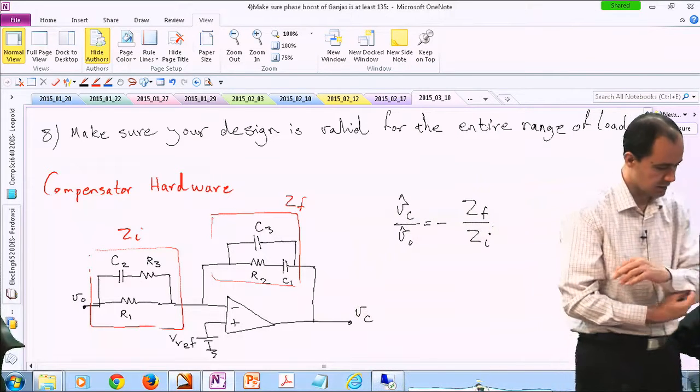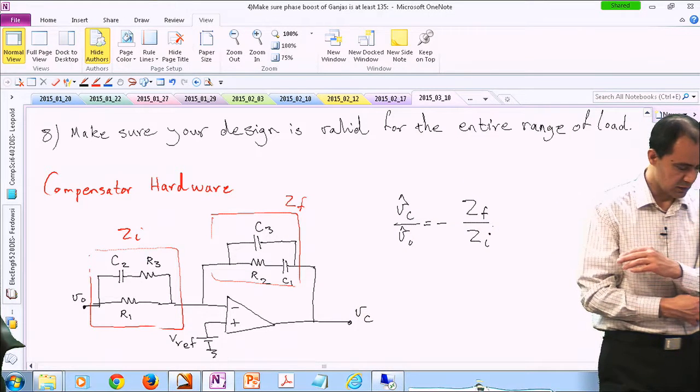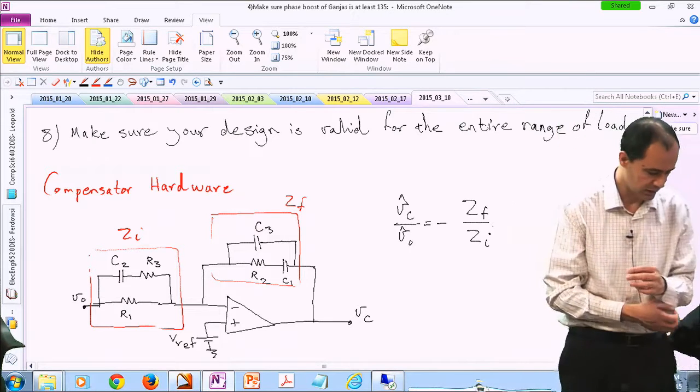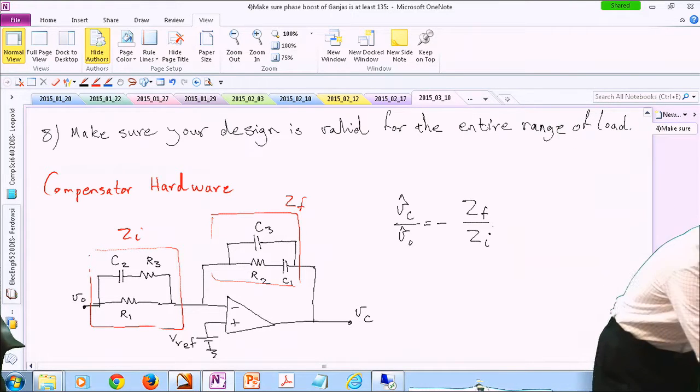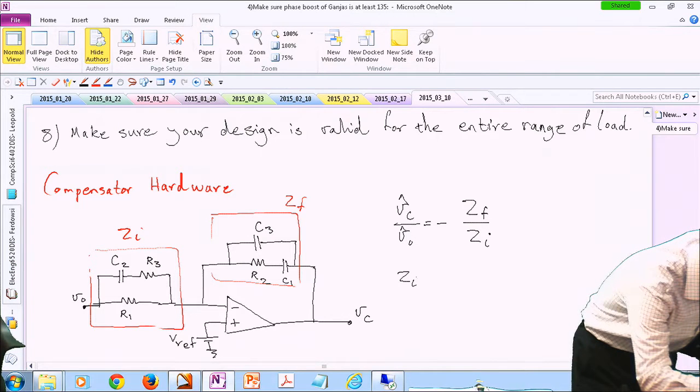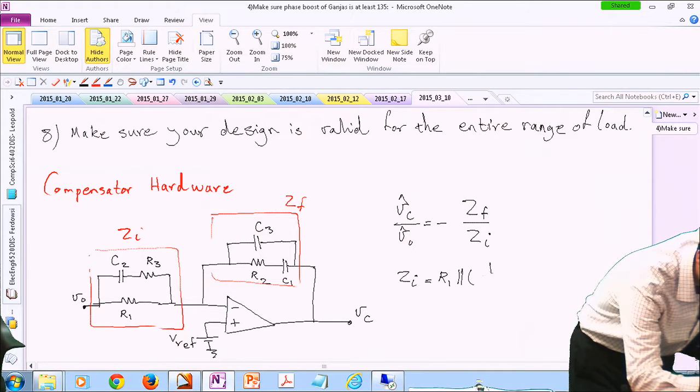And ZF is the impedance of the block on the right, and ZI is the impedance of the red block on the left. So technically, ZI is nothing but R1 placed in parallel with a capacitor placed in series with a resistor.